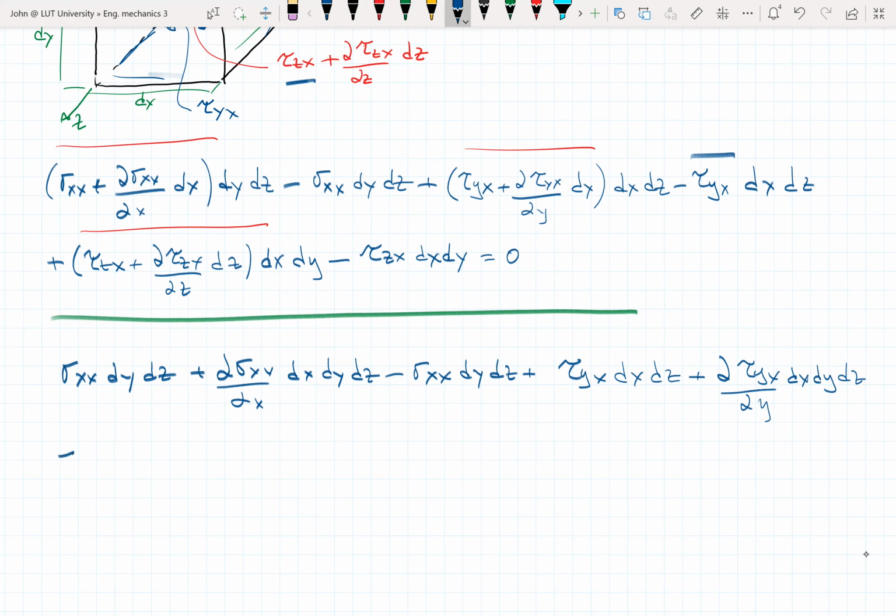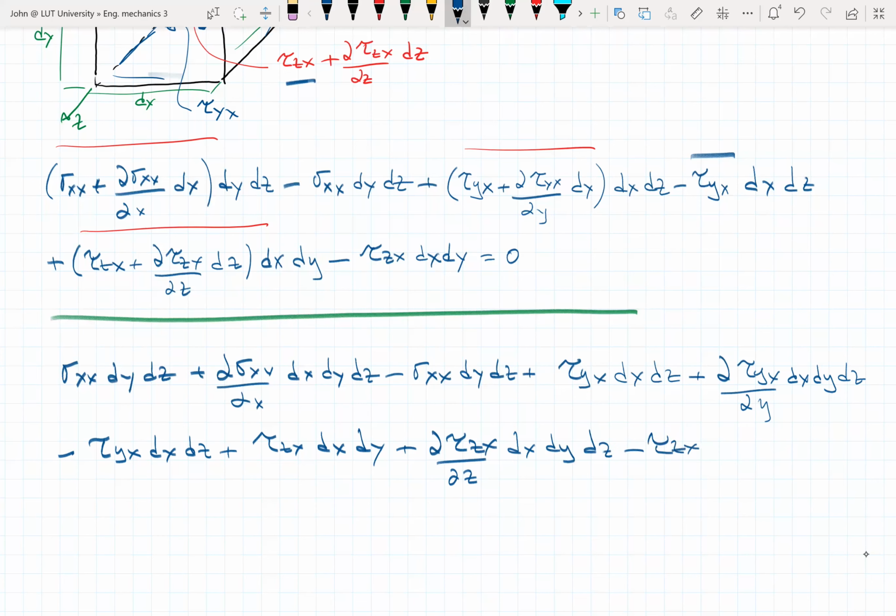Then I'm going to have minus tau yx dx dz plus tau zx dx dy plus the variation of tau zx with respect to z, minus tau zx dx dy, equal to 0.